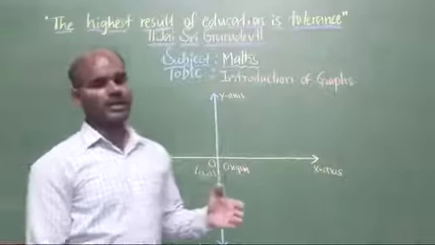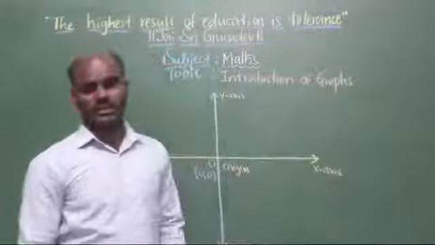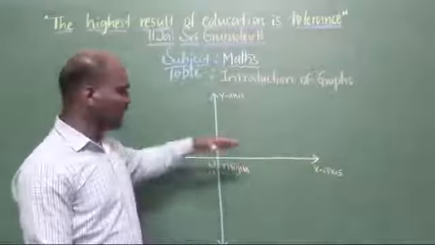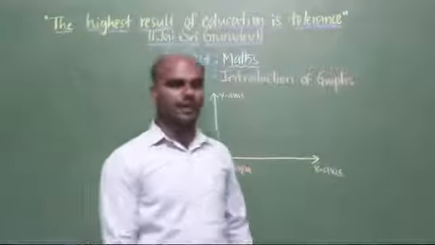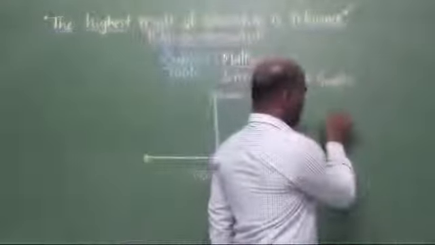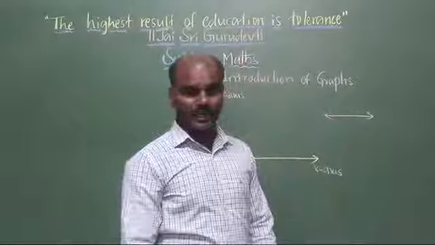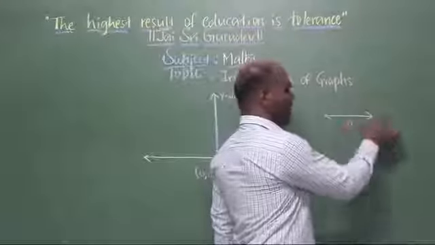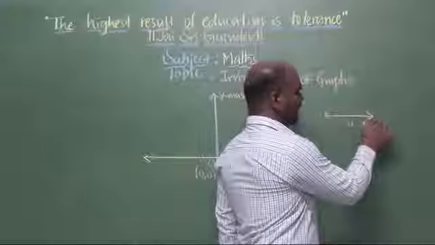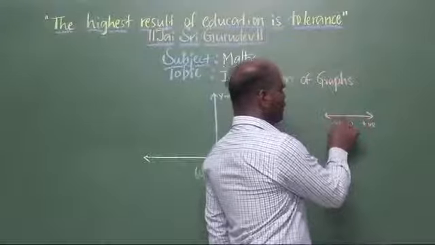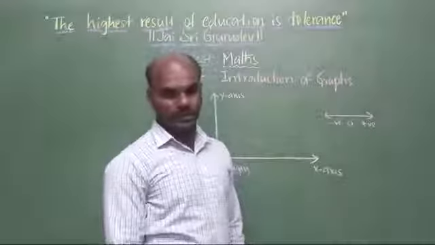Sir, why do we take the origin as 0 and 0 only? Because when you take it as a number line, in the middle we should take 0, the right side we should take as positive and the left side we should take as negative. Yes or no, children?